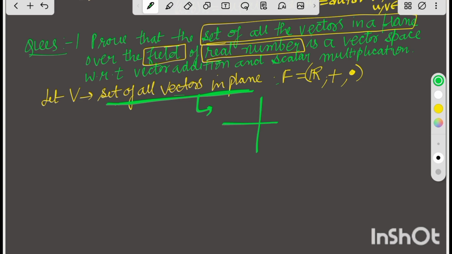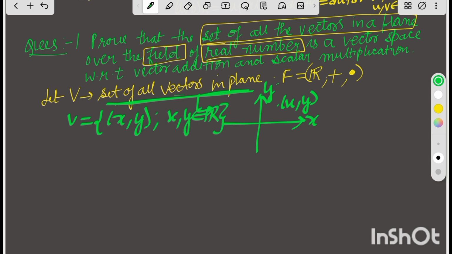For example, let this be the xy plane. Here is any point (x, y). So we can represent V as the tuples (x, y) such that x and y belong to the set of real numbers.